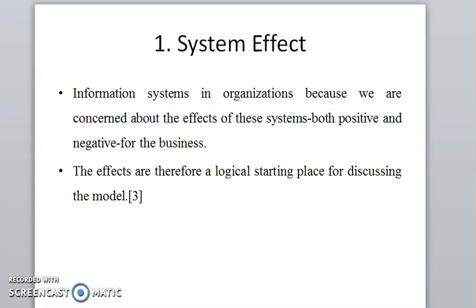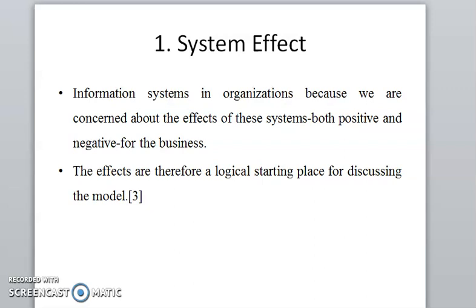The second stage of evaluating effects is to assess the consequences of the system for the organization. The model focuses on 3 classes of outcomes. First outcome is performance effects. Second, consequences for people. And third, future flexibility.